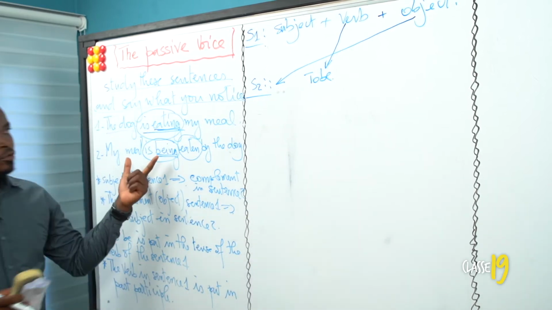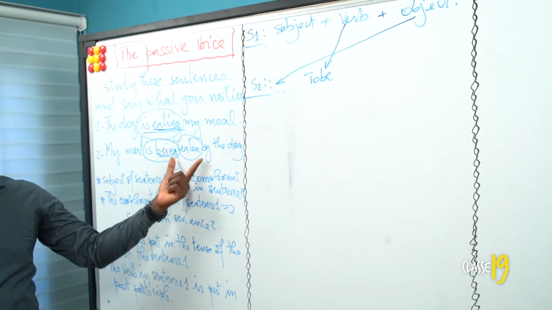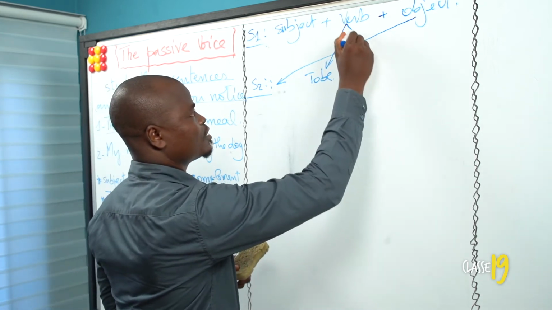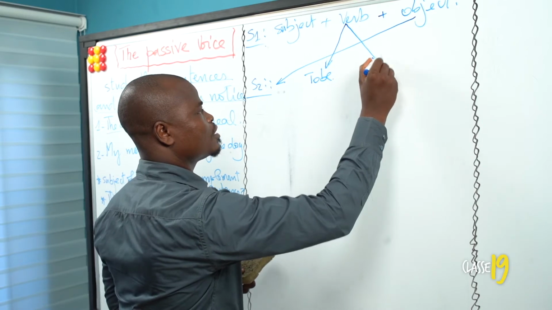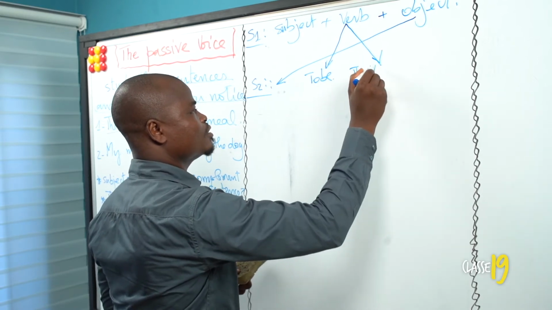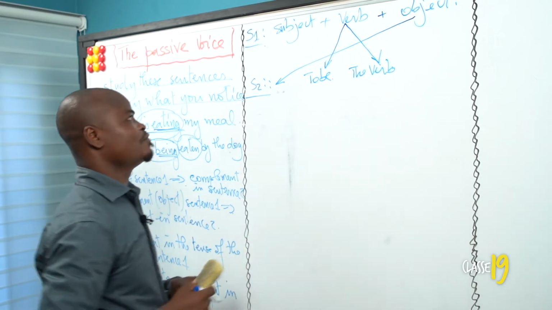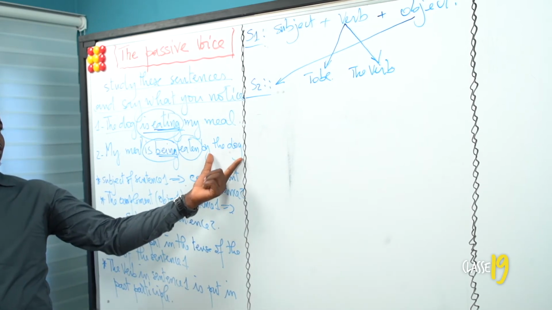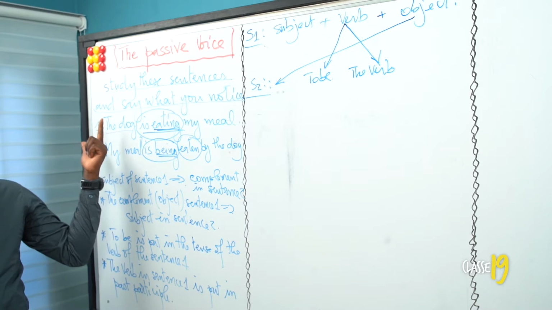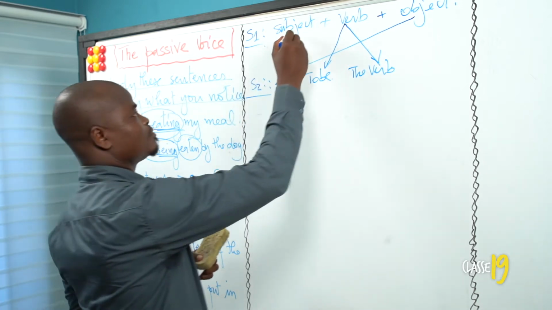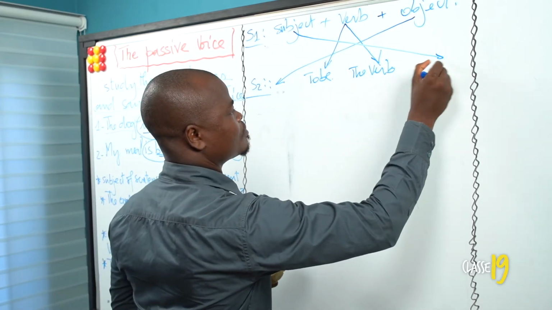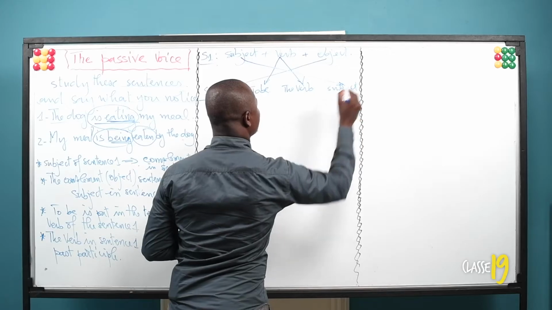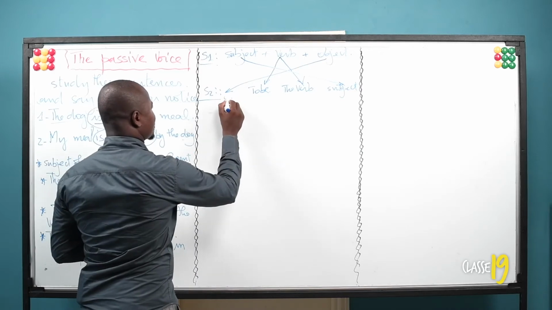And after to be, we have the verb in past participle. So we have the verb. And after the verb, we have the dog, which is the subject in sentence 1. So subject. We have an object.